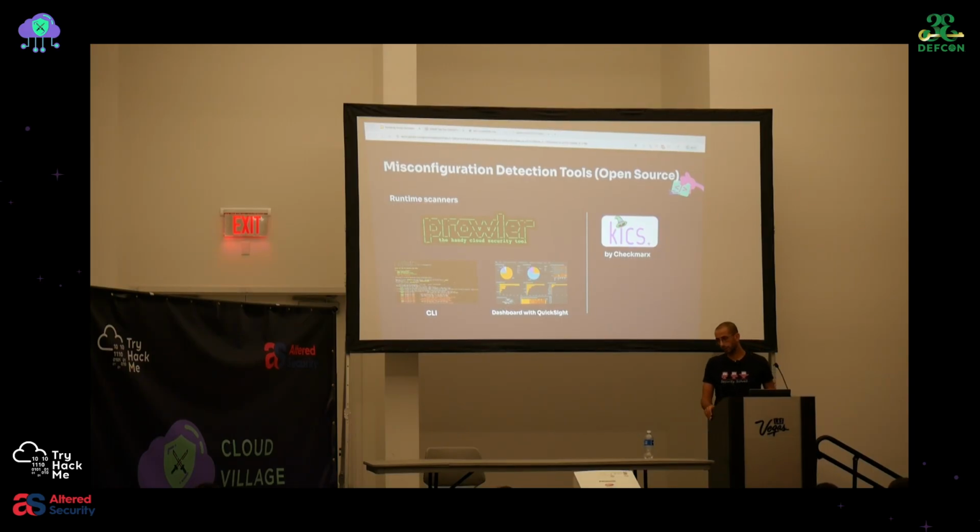There is another tool called KICS, developed by Checkmarx, and unlike Prowler, it will scan the infrastructure as code. It will scan Terraform, CloudFormation, and other infrastructure as code technologies, while Prowler will do that in runtime. But both of them will run hundreds of checks for all the major cloud providers.